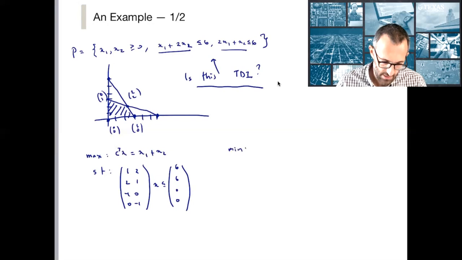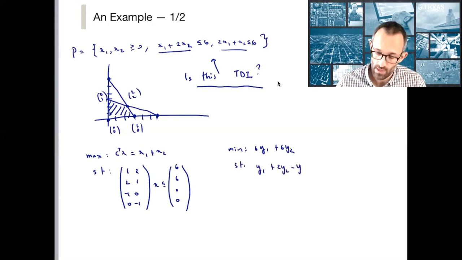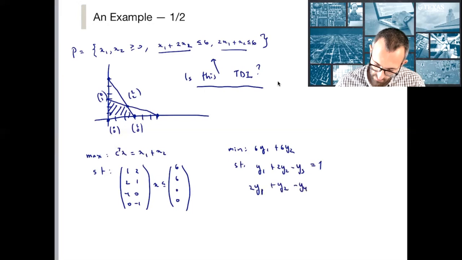Its dual is minimize 6y1 + 6y2 + 0y3 + 0y4 subject to y1 + 2y2 - y3 = 1, 2y1 + y2 - y4 = 1, and every yi greater than or equal to 0.